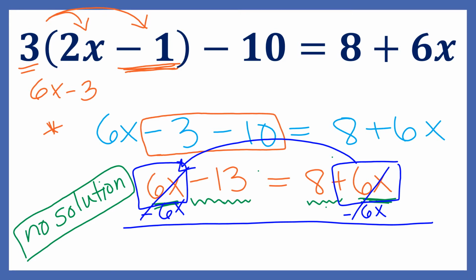Those cancel, bringing down what I have left. And then I'm going to stop and look. All my variables canceled. Right now it tells me that negative 3 is equal to 8, and that's not true. So in the case that this happens, that means there's no x value that you could plug in for x in this equation and have it be equal or balanced on both sides.